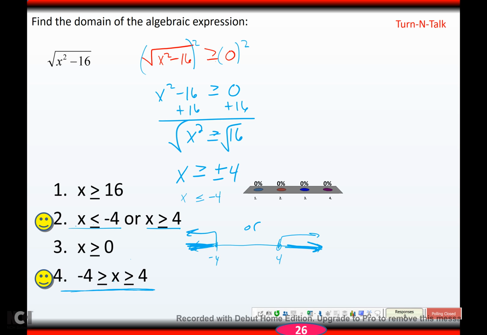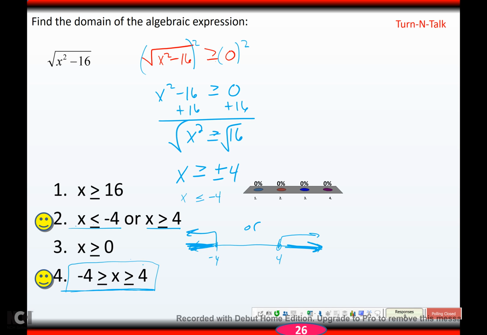This one, again, isn't wrong. I don't know what the author did, but people don't write the answers this way. Usually, if they're writing an in-between statement, your arrows have to be pointing the other way.